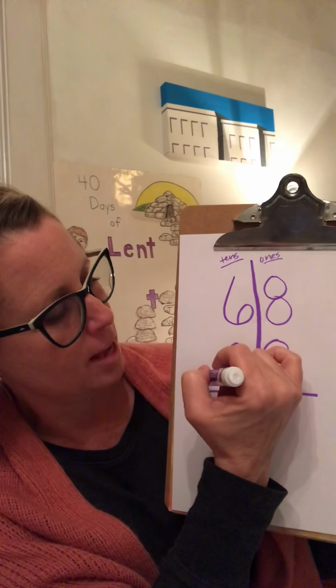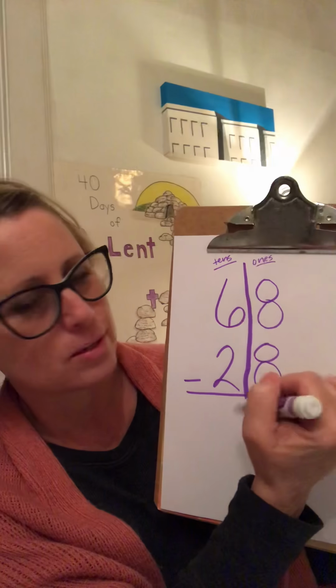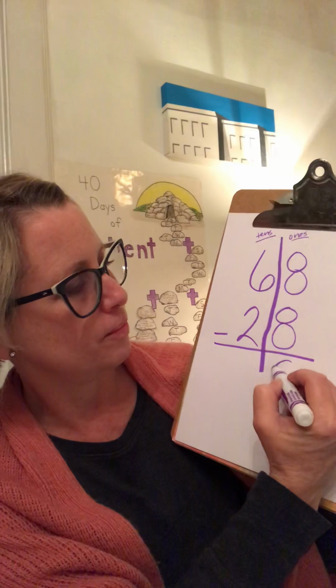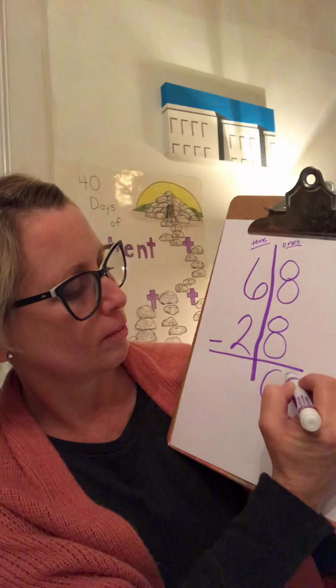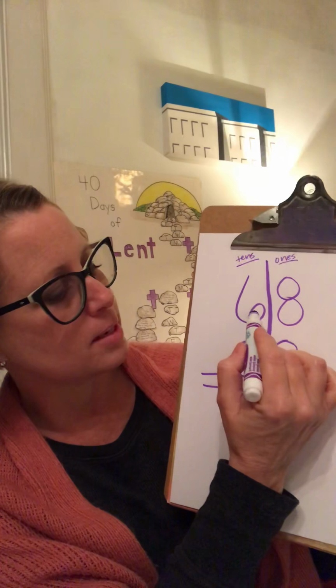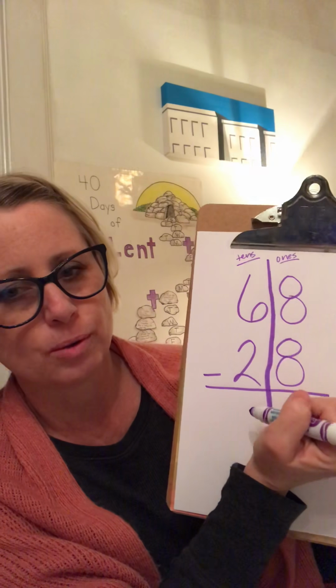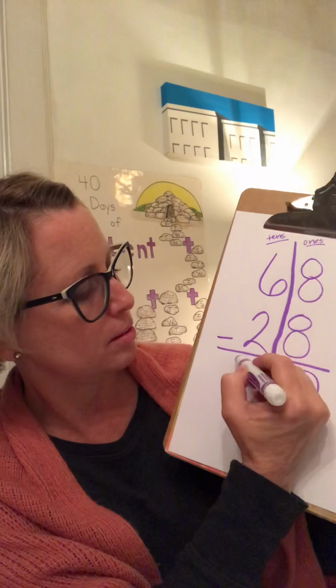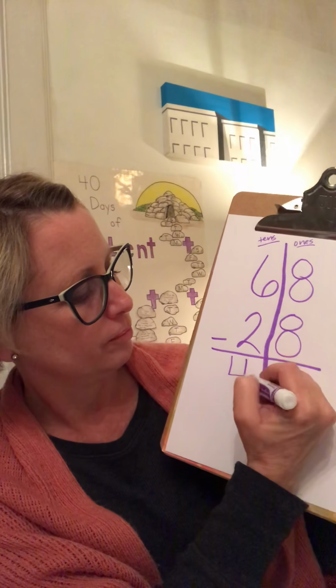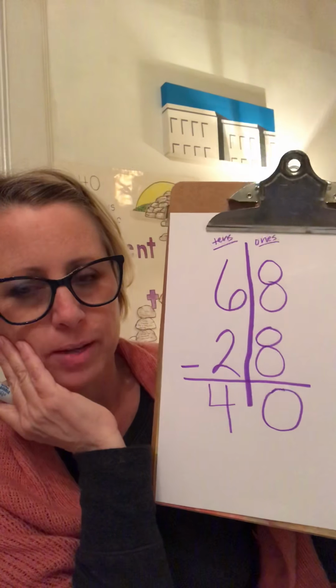8 minus 8 is what? 8 minus 8, 0. And 6 minus 2 is 4. All right, so you've got your answer.